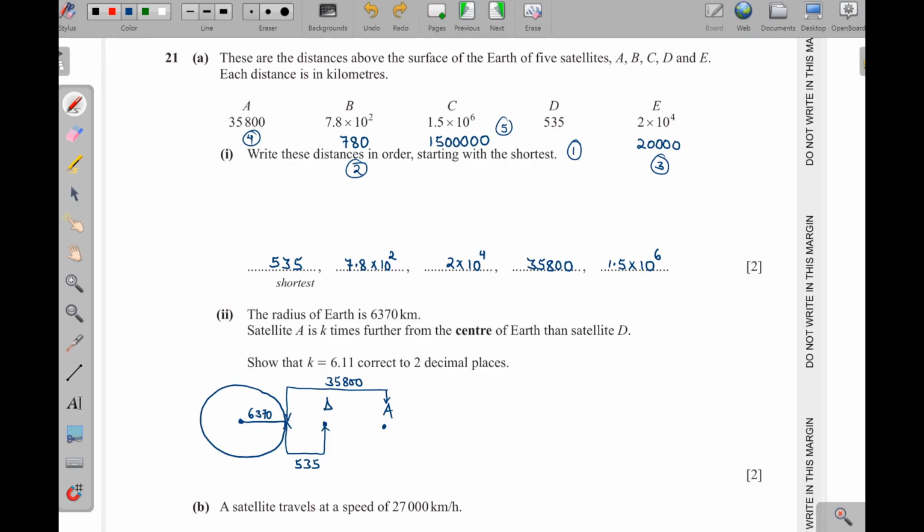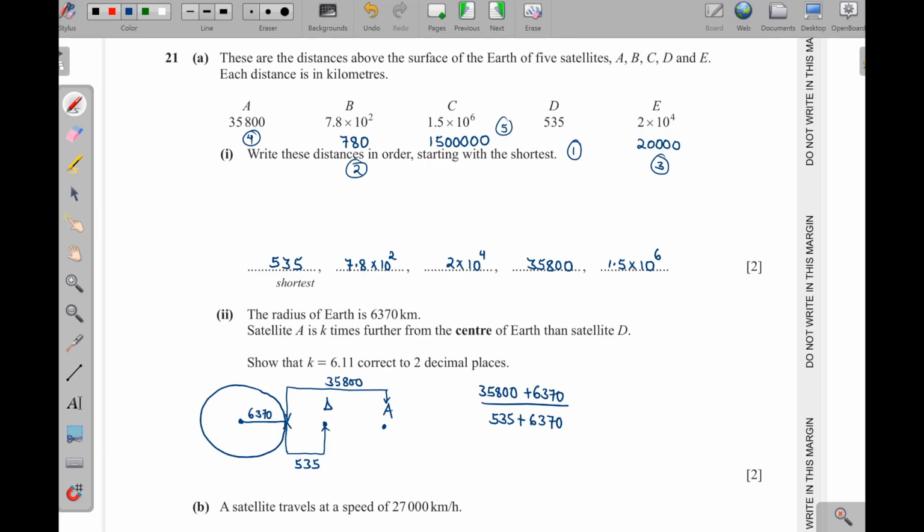Then I divide by the distance of D from the center of the Earth. So I will have 35,800. That is from the circumference of the circle here of the Earth, but there is a radius here. We are talking about the center. You see that? So that means we shall add that 6370. Then divide by this one here. We shall have 535. We also add 6370.